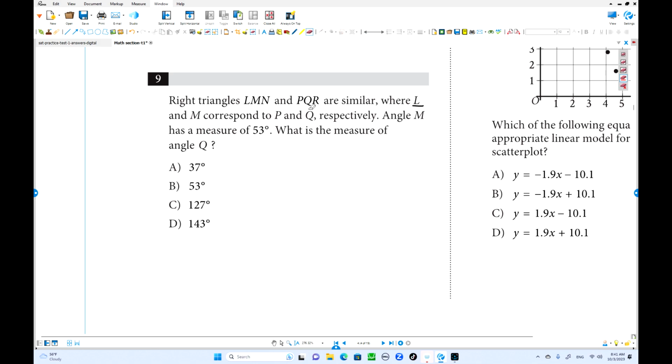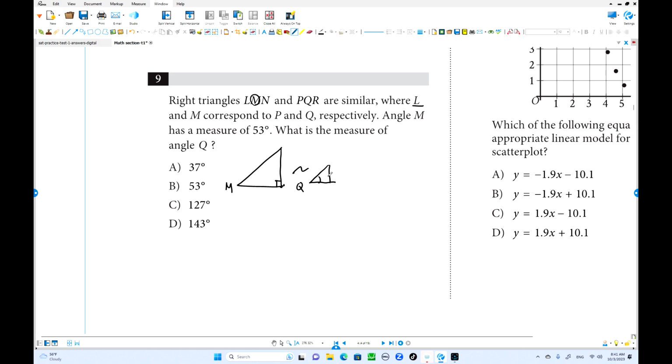Angle L equals angle P, something like that. Angle M is 50, this angle, maybe you can use this. This is the right angle, this is angle M. Also this is angle Q. They're similar, different size. A little smaller is better.